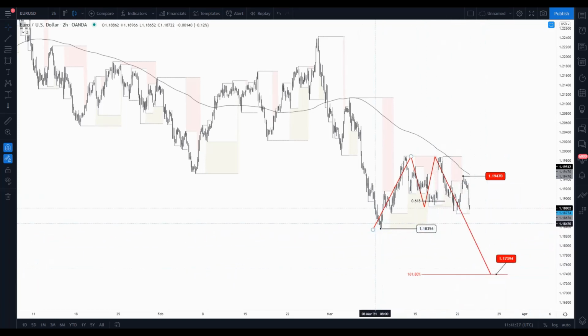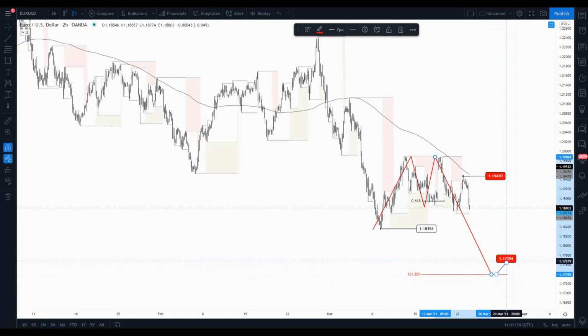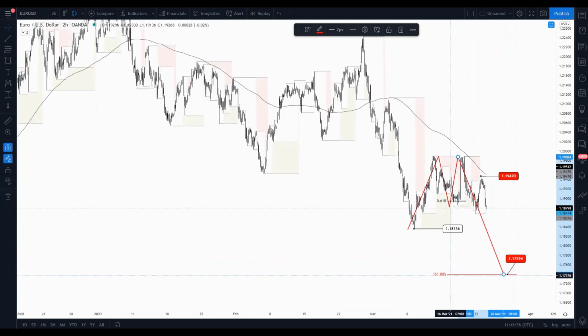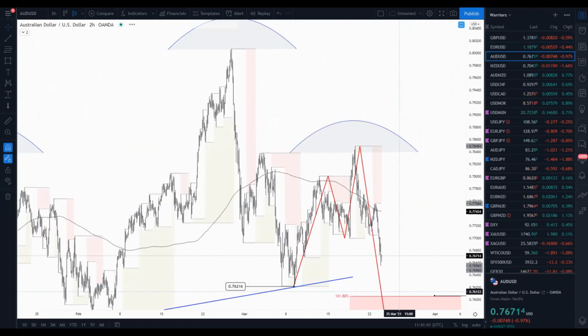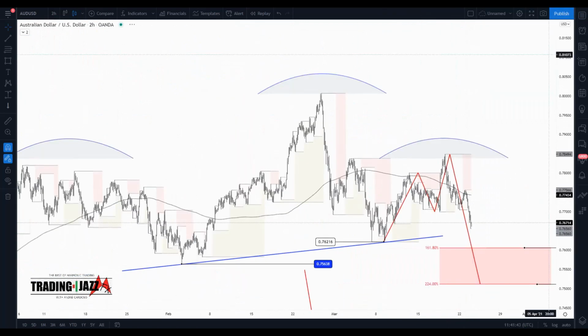We have also projected a bullish crab pattern at 117.39, so 117.40. So the golden Fibonacci is also projected below for euro versus dollar, which may offer some pressure.